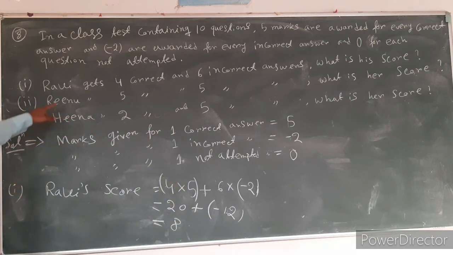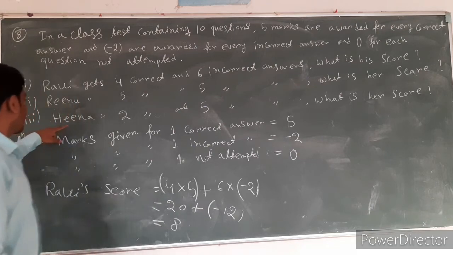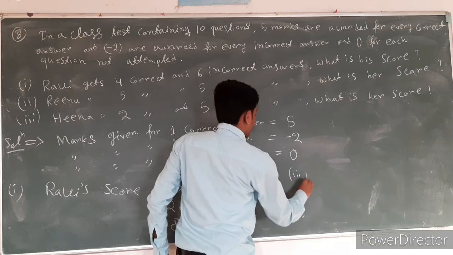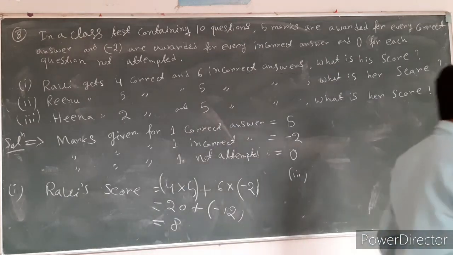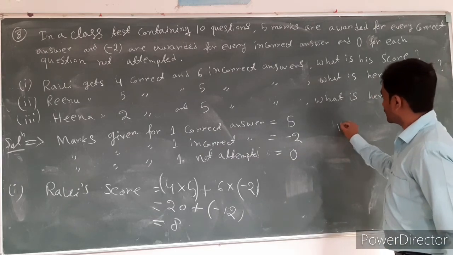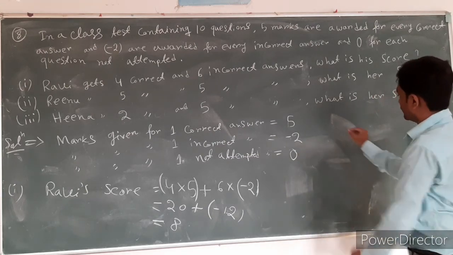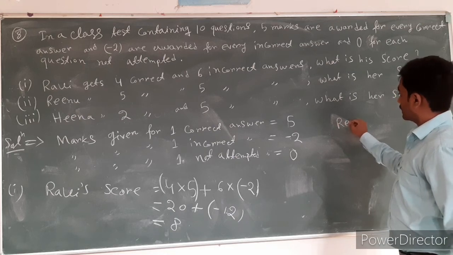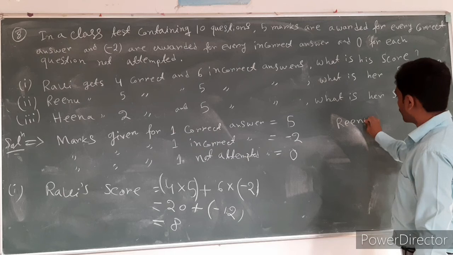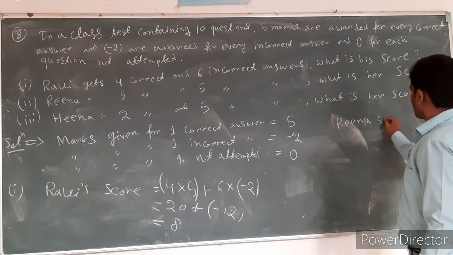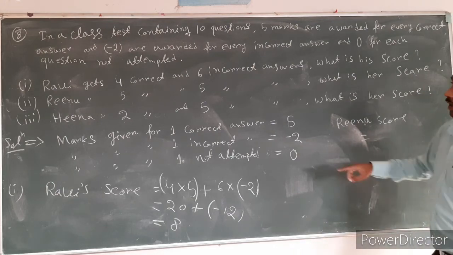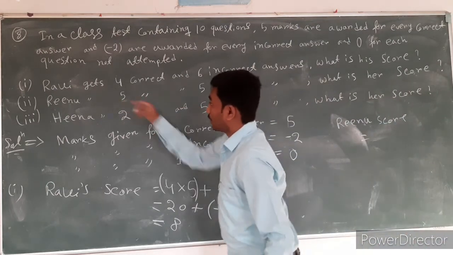Similarly, we can find Renu's score and Hena's score. Renu's score is equal to, how many correct answers? 5.